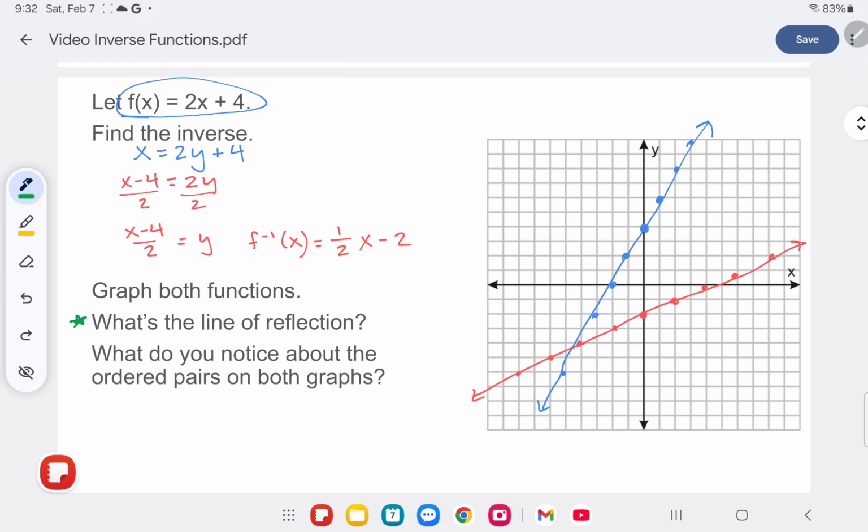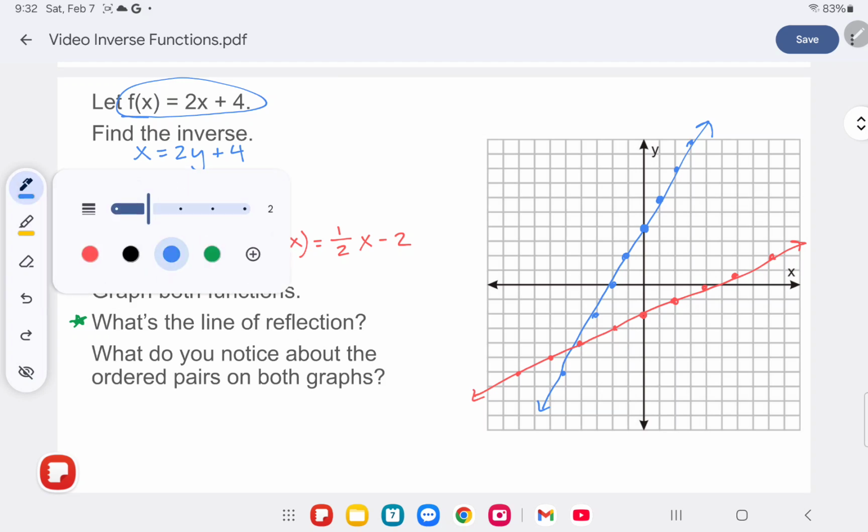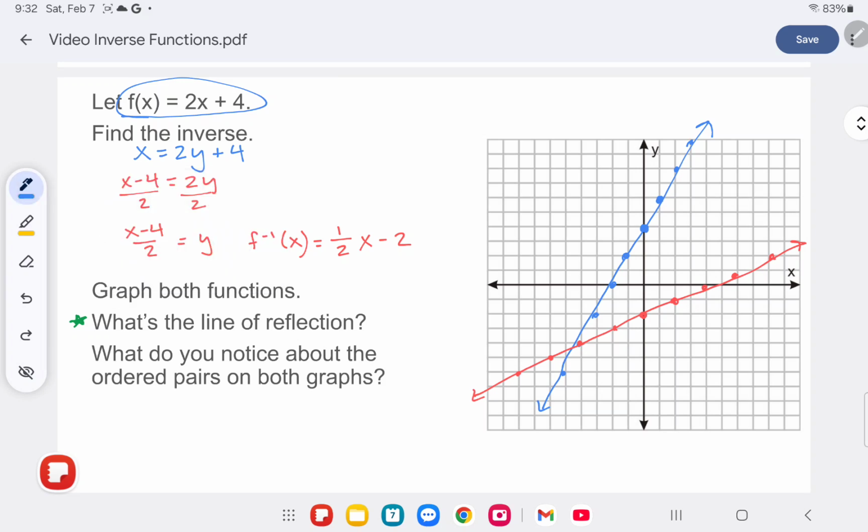Before we do, let's talk about ordered pairs for these graphs. I don't have a whole lot of room here, but I'm going to try. So I'm going to have f of x, and I'm going to have the inverse of f of x. And I'm just going to name ordered pairs from each one of those functions. Like the blue function, the original function, f of x, has a point at 0, 4.